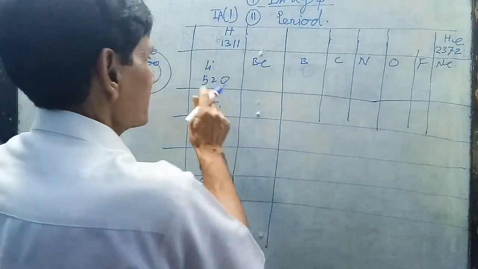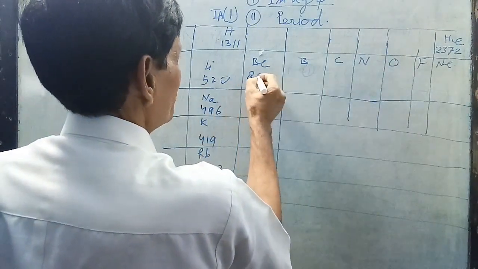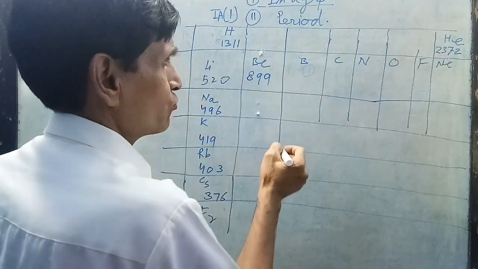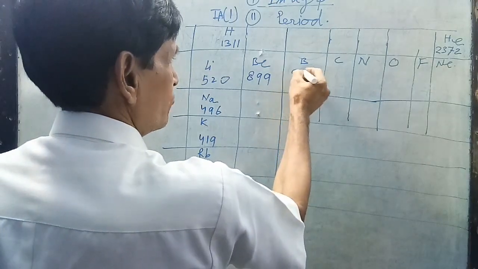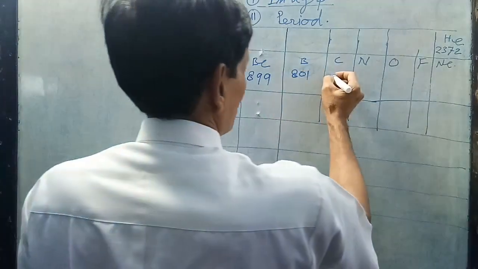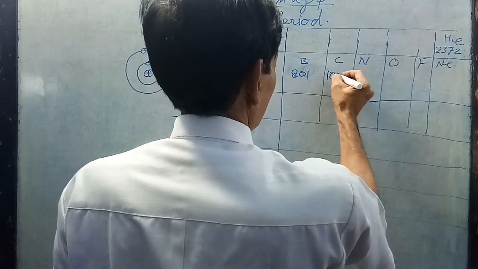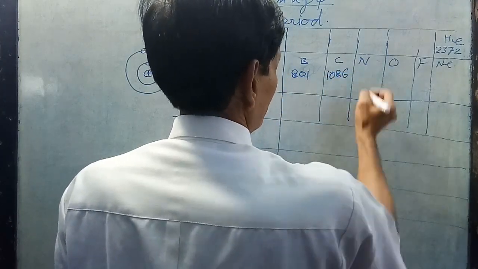Example, here see 520, then 899 kilojoule per mole, 801 kilojoule per mole, and here 1086 kilojoule per mole.